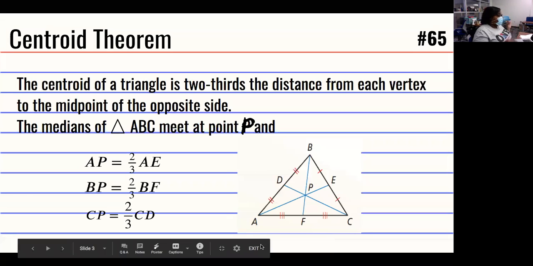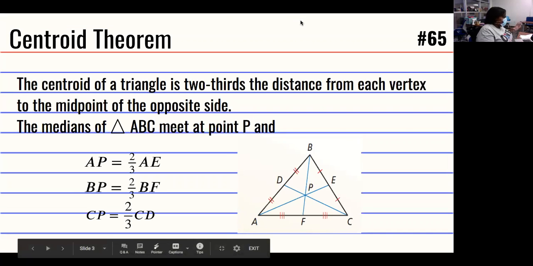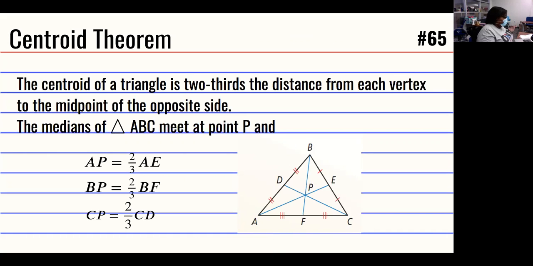Now, it's important to note that it has to go from the vertex. And I know that I keep saying that over and over again, but it makes a big difference because let's just specifically look at one median, okay? So here is one median from B to F, right? Okay, this portion that is here from B to P, that portion is the 2/3.